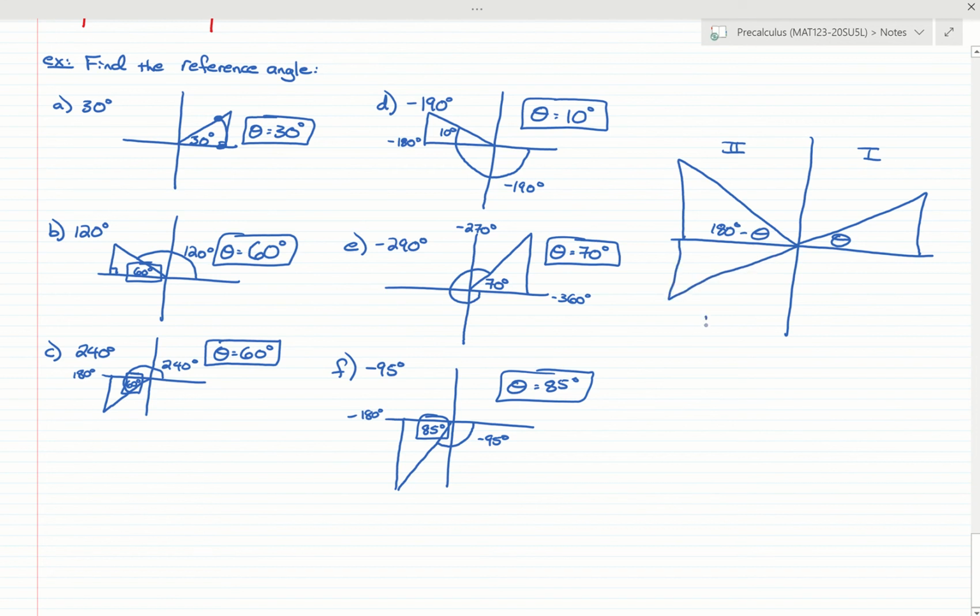In the third quadrant, we could do our angle minus 180. And in the fourth quadrant, we could do 360 degrees minus our angle. Now this works if your angle is less than 360 and if it's positive. I think it's beneficial to figure out the reference angle the way that we did for these 6 examples.